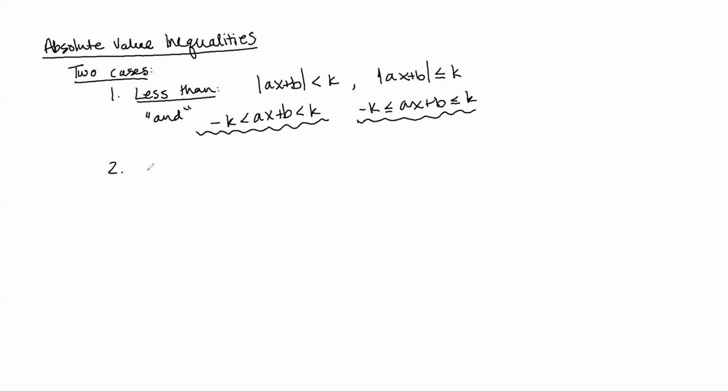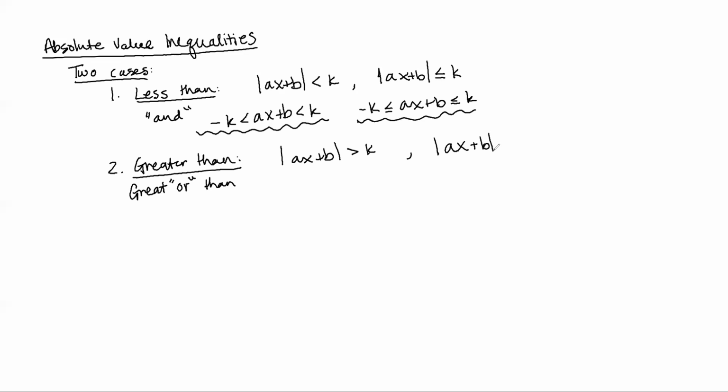Same thing with the greater than, except this one is, the way I like to remember is great-or than. So what I mean by that is if we have the absolute value of ax plus b is greater than k, or the absolute value of ax plus b is greater than or equal to k, we're going to split it into an or inequality.